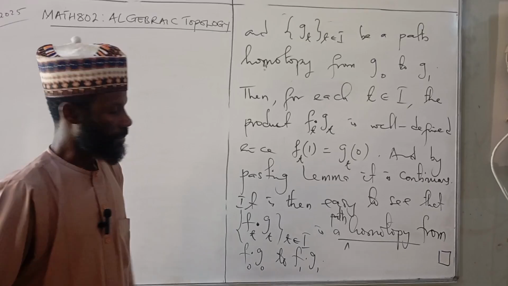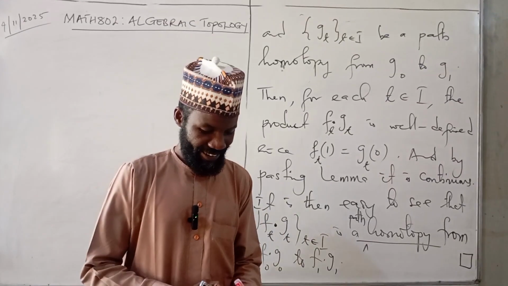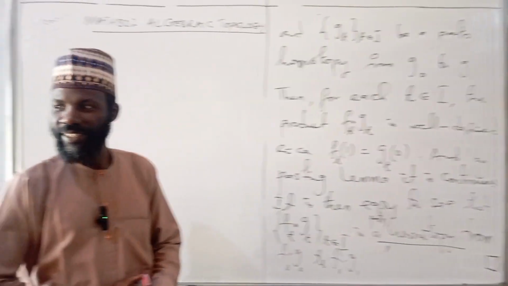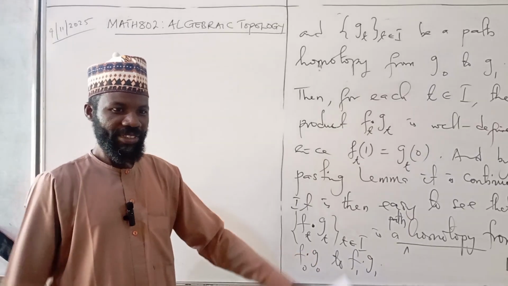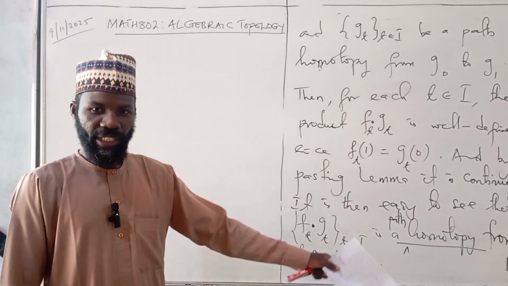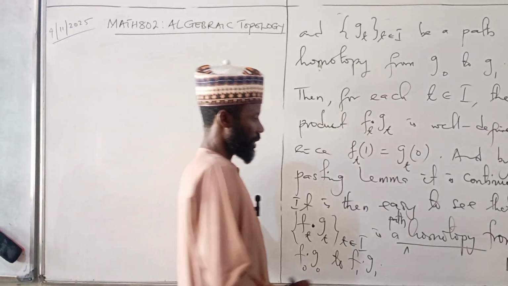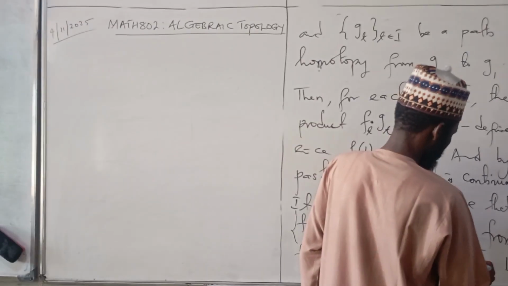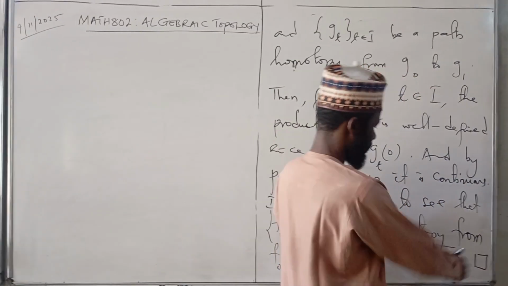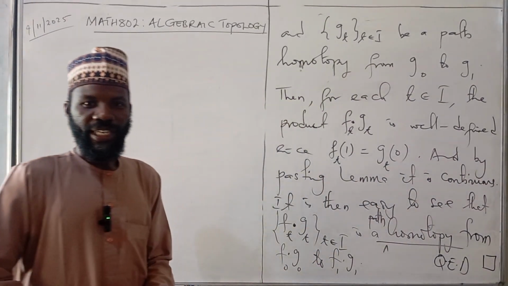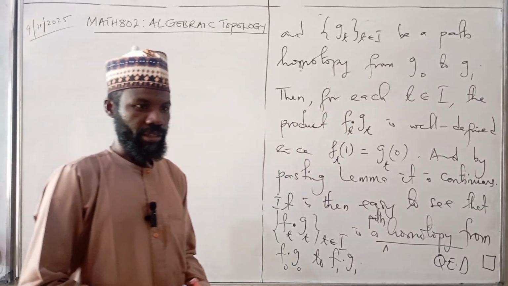What is the meaning of that small square? End of proof. QED. That is what it means.